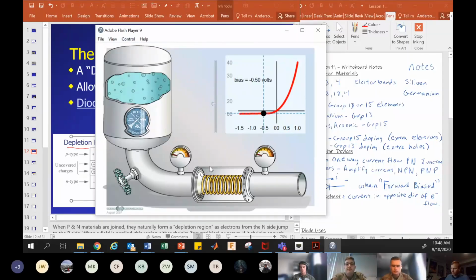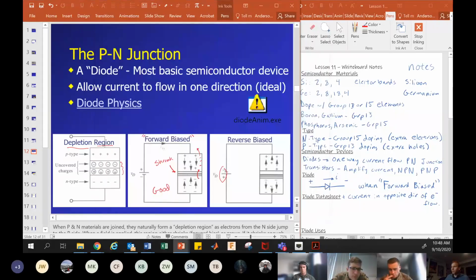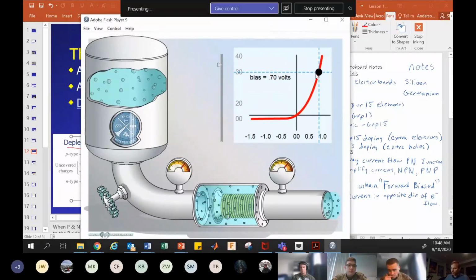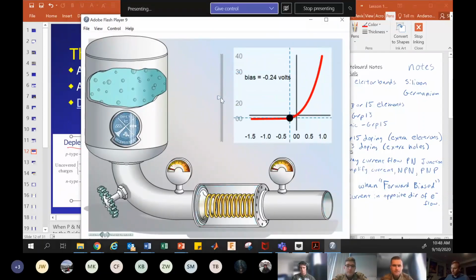Yeah, something's not working. It's supposed to open the valve. Let me try it out. I'll just open it again. There we go. I think Microsoft Teams doesn't like this thing.